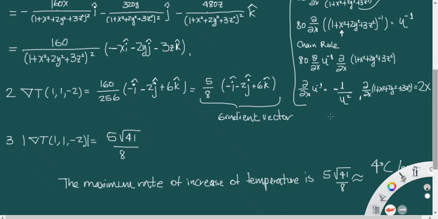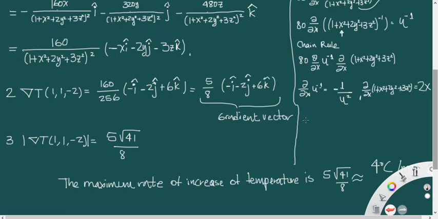Now we need to calculate the product of these two. So that's going to be equal to, let me erase here just a little bit, and let me extend this parenthesis here.